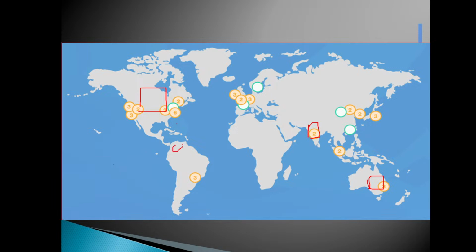So if the user is in this region, and I have specified all the requests from North America should go to this machine, that is called geolocation. Irrespective of the latency, all the requests coming from Virginia will go to this machine.